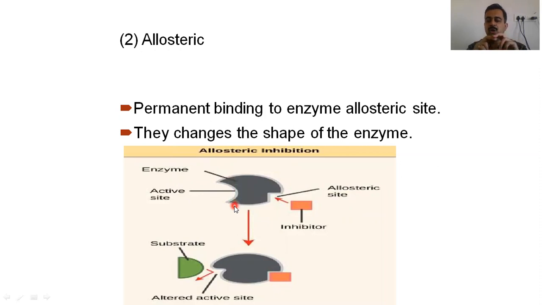The configuration of the active site will be destroyed by the binding of the allosteric inhibitor, so the substrate is unable to bind, and ultimately the reaction would stop. Allosteric inhibition is again a permanent type of inhibition, and therefore it is quite inhibitory to that particular enzyme substrate reaction.